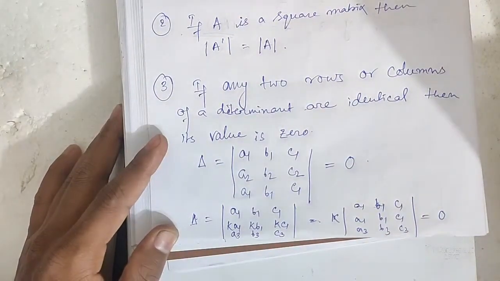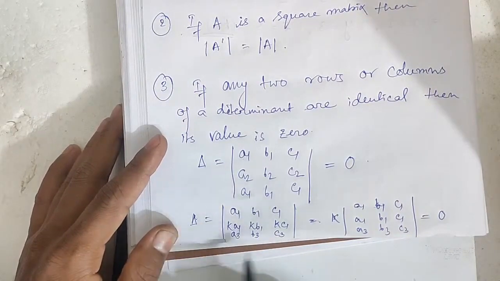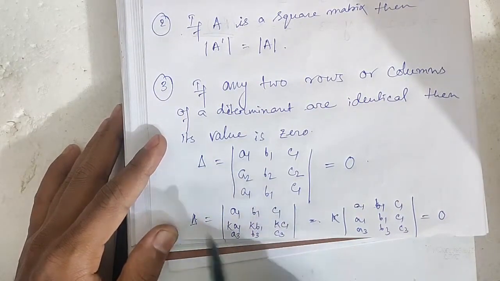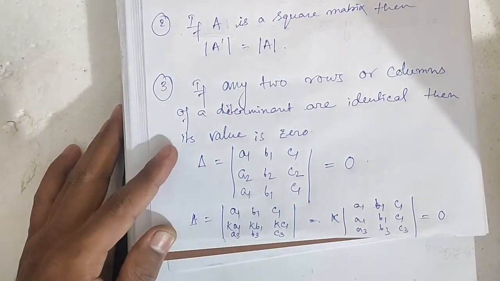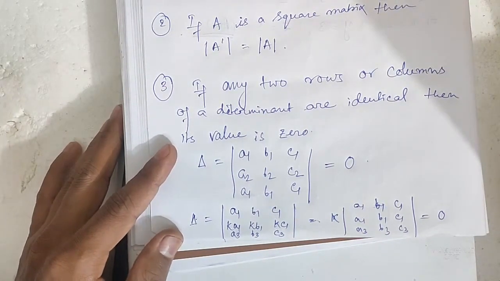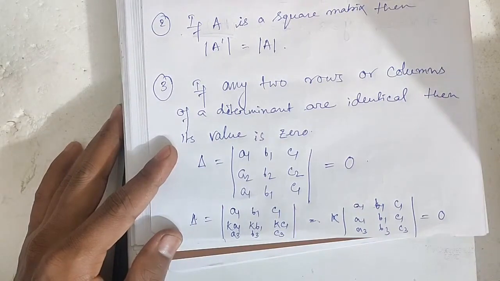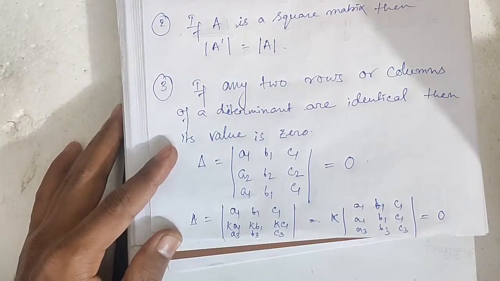Next property: this one also we can write as a property, that if any scalar is multiplied with each element of any row or column, then we can take common of that element.